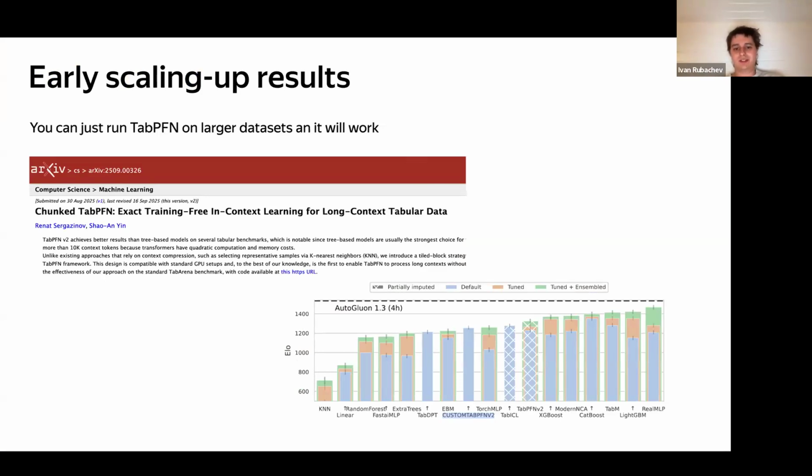As I said, the initial problem with TabPFN v1 was the limitation in terms of the number of samples. The same goes for the second version of the model. Now the limit is at tens of thousands of examples, because that's where you can comfortably train on one GPU or one host of moderately sized GPUs.